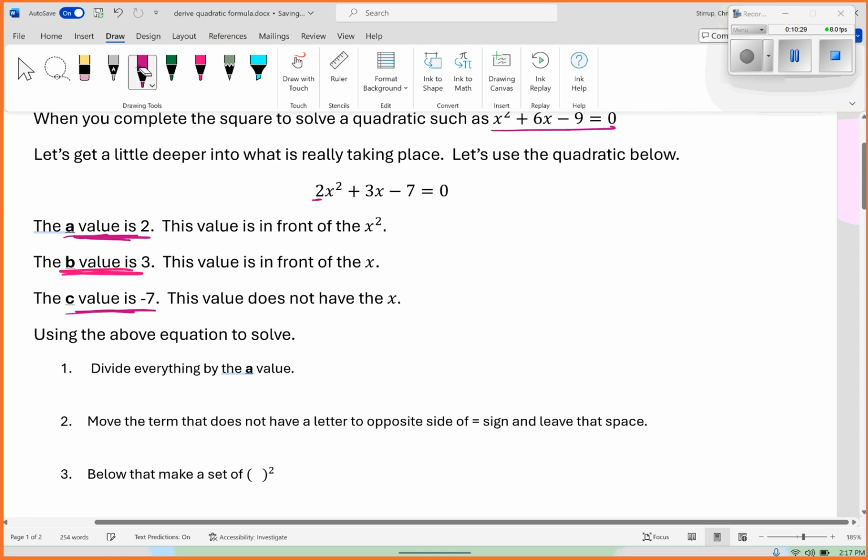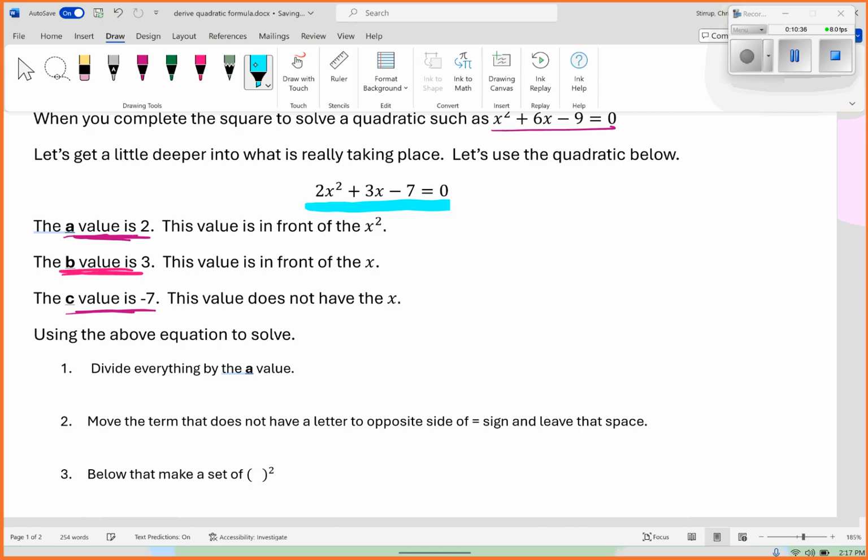So I want to focus on this problem right here. We're going to work through it, and I'm going to go slow for a reason. Agree? Okay. First thing I want to do is divide everything by 2. So I get x squared plus 3 over 2x minus 7 over 2. And 0 divided by 2 is how much?